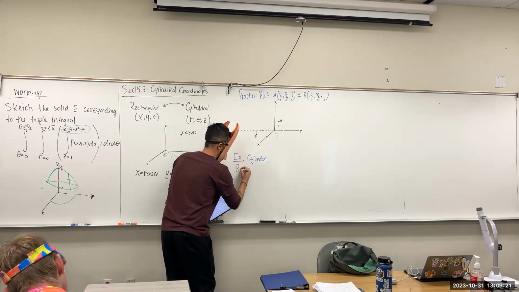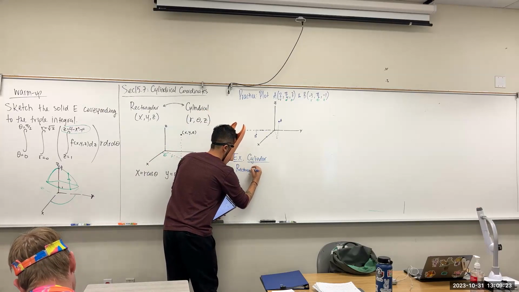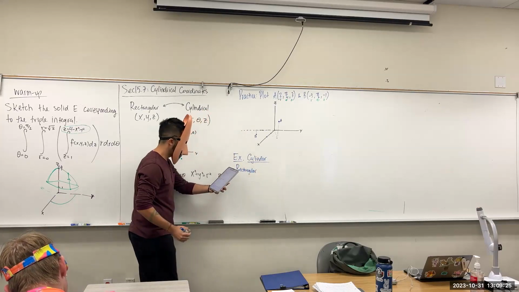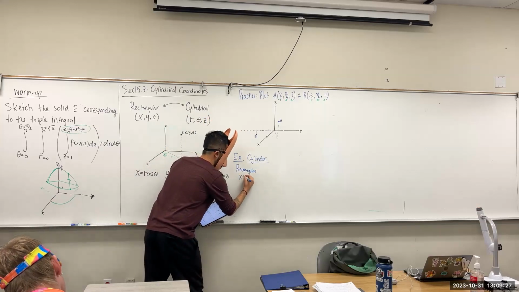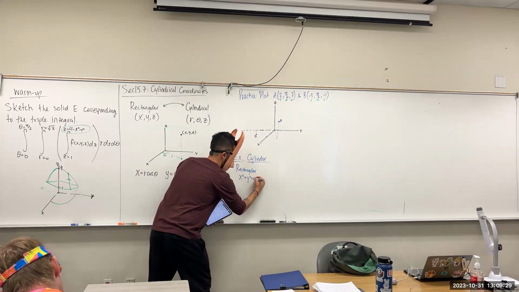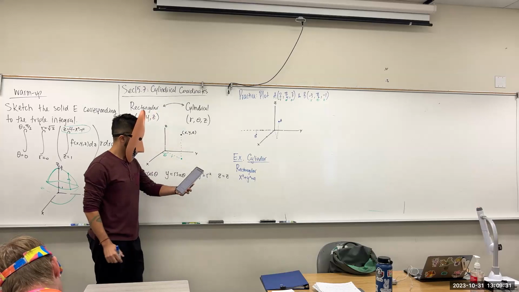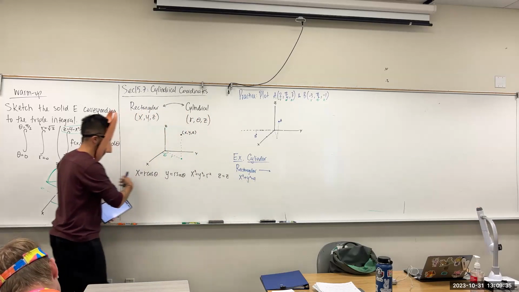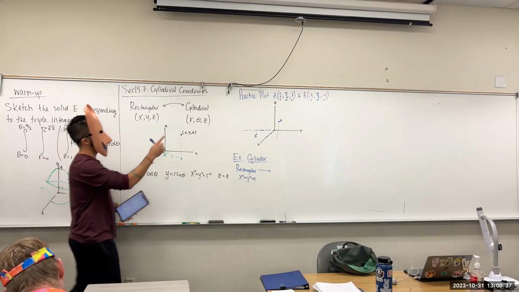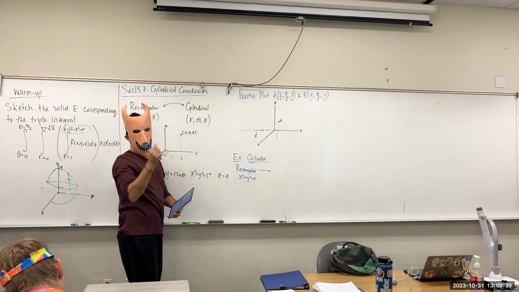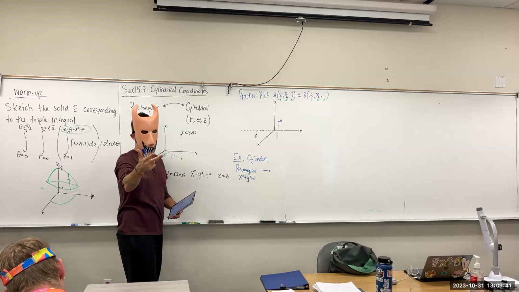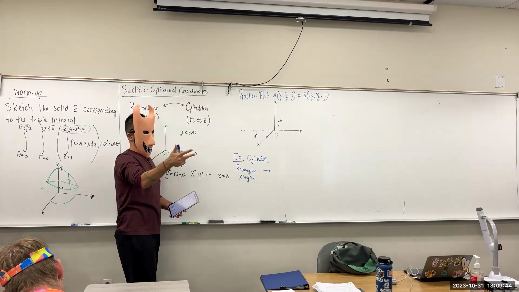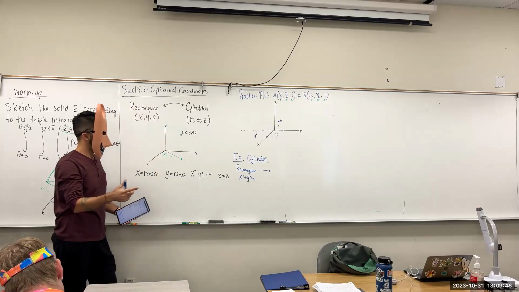So in rectangular coordinates, if we have a cylinder that looks like this, x squared plus y squared is equal to 4, then you're going to use your conversion equations to turn it into cylindrical, meaning your equation can only have r, thetas, and z's. Okay? R, thetas, and z's. You can't have any more x's or y's.